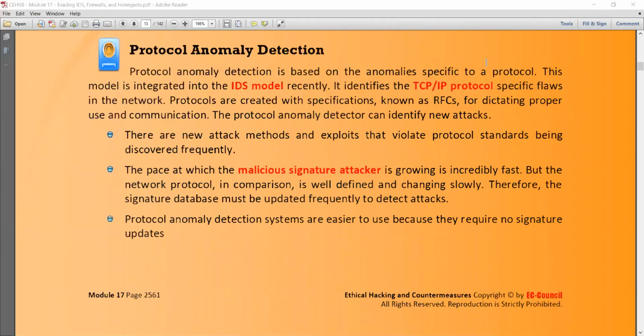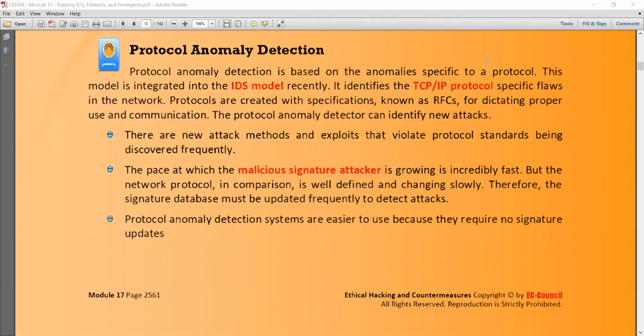Protocol anomaly detection. Protocol anomaly detection is based on anomalies specific to a protocol. This model was integrated into IDS recently. It identifies TCP/IP protocol-specific flaws in the network. Protocols are created with specifications, such as RFCs, for defining proper use and communication. New attack methods and exploits that violate protocol standards are being discovered frequently.